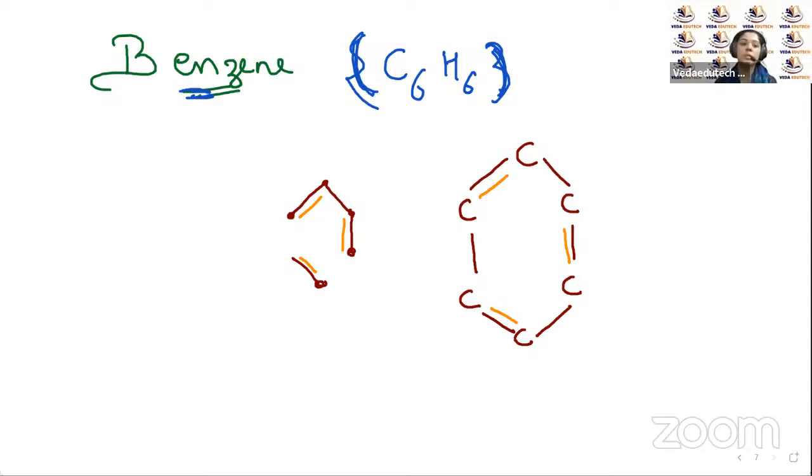Now these 6 carbons will have 6 hydrogens. 1, 2, 3, 4, 5, 6.